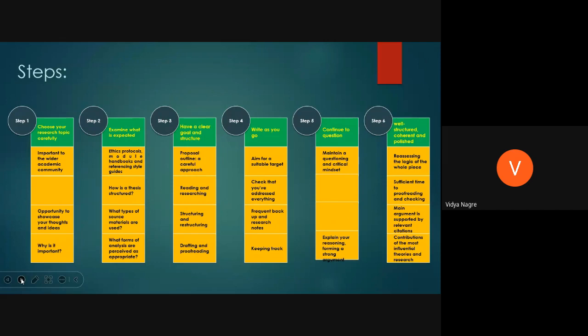Third step is to have a clear goal and a structure. Proposal outline, a careful approach. Before you start writing your thesis, you have to write a proposal for your research. And you have to defend that proposal in front of a committee that is known as the RR committee.